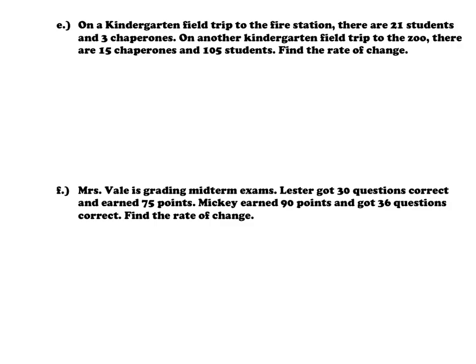E is saying, on a kindergarten field trip to the fire station, there are 21 students and 3 chaperones. On another kindergarten field trip to the zoo, there are 15 chaperones and 105 students. What we want to figure out is what's X and what's Y here, the independent and the dependent.